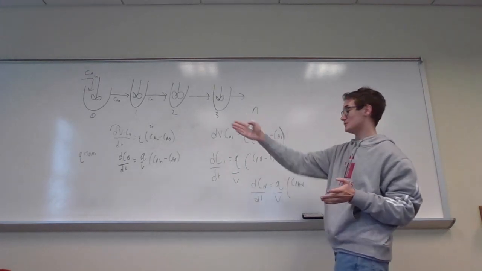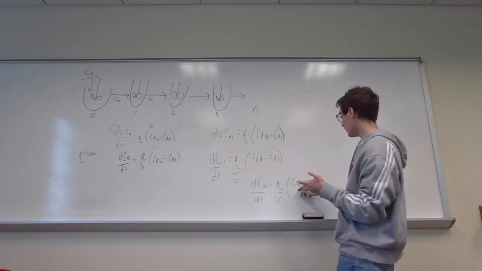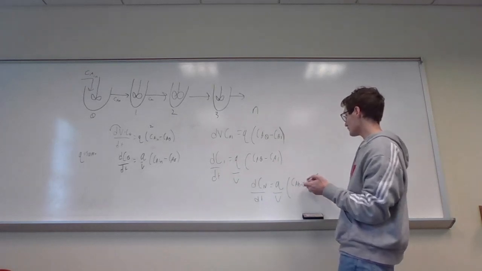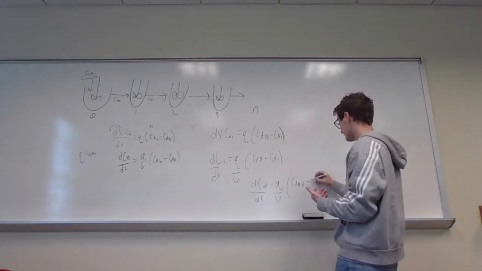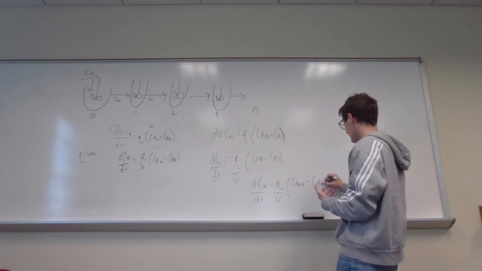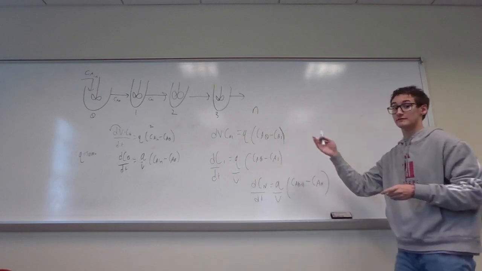For example, we can't do this for CA0, because then it gives a negative, but we do this for CA1, because we do n minus 1, it ends up being CA0, which tracks, minus CAn. And this is the material balance for the rest of this series.